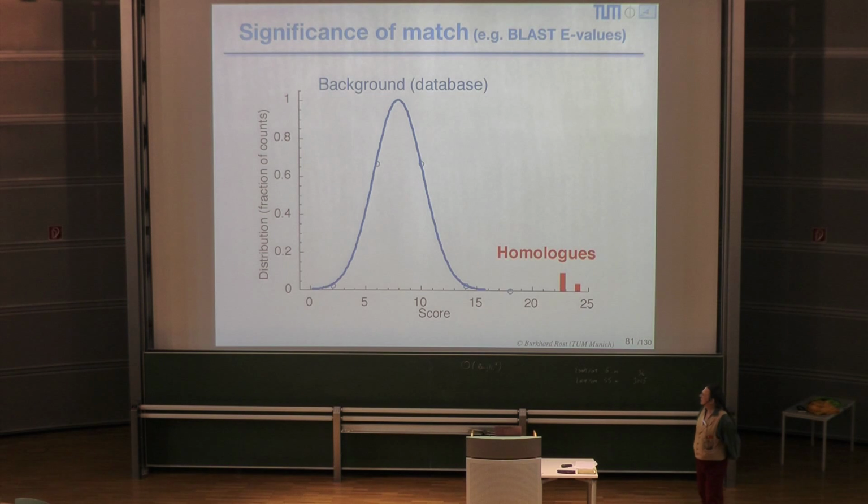idea of statistically significant is you look at some background that you could take by randomly shuffling sequences. You know the overall amino acid composition in a database of 55 million, and you randomly shuffle. Or you could take it by simply taking the database and going through it, and you look at the score of the things that you actually find.